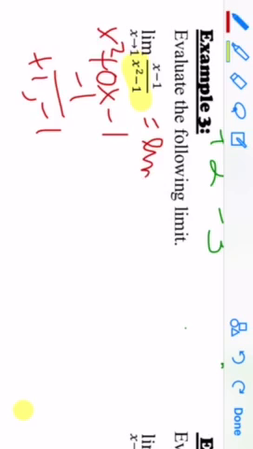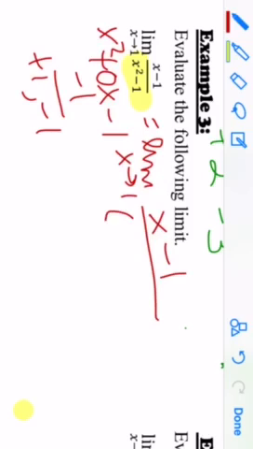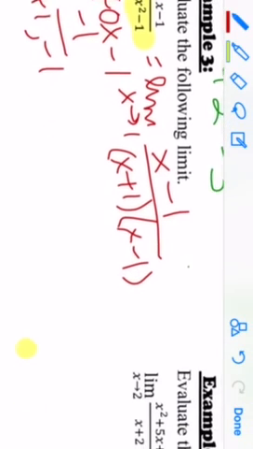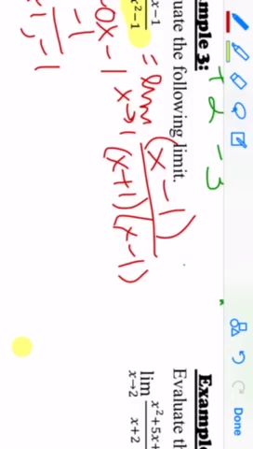Okay, so sorry, this is the limit as x approaches 1 of (x minus 1) over (x plus 1)(x minus 1). Okay? And so I'm going to put parentheses around the top binomial because those are going to cancel.